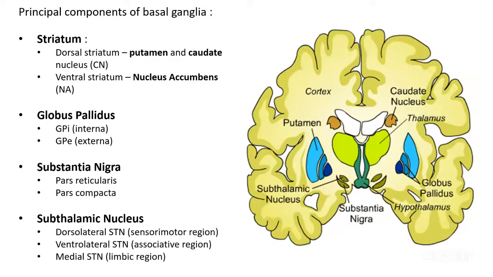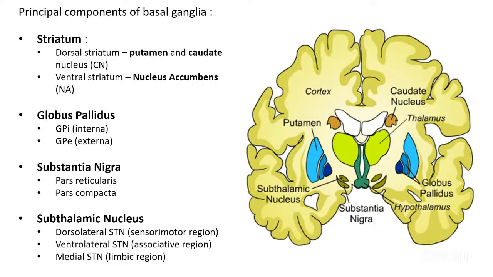Next slide. So basically, the striatum is made up of putamen and caudate. It has two parts: dorsal striatum and ventral striatum. Dorsal striatum has putamen and caudate, and ventral striatum consists of nucleus accumbens, which has its role in the mesolimbic pathway. Then globus pallidus has two parts: interna and externa.